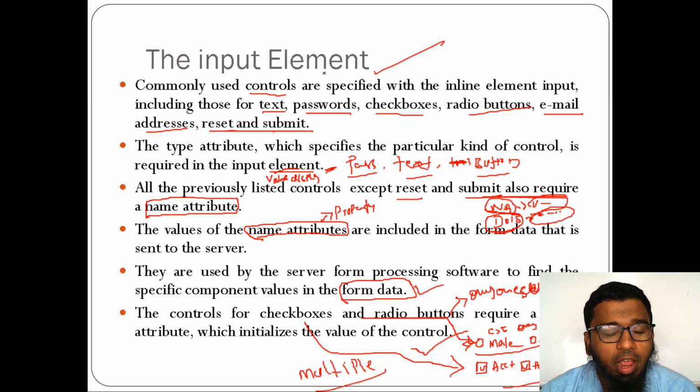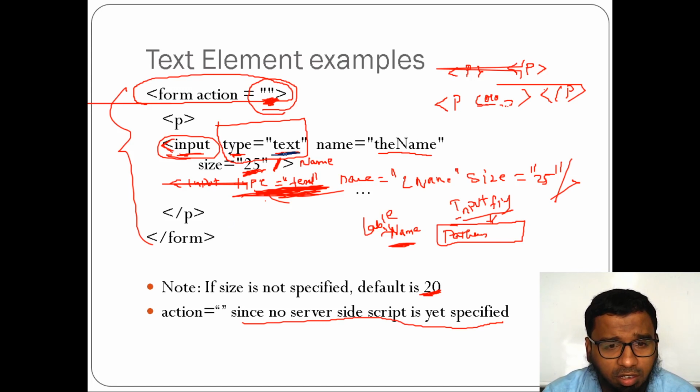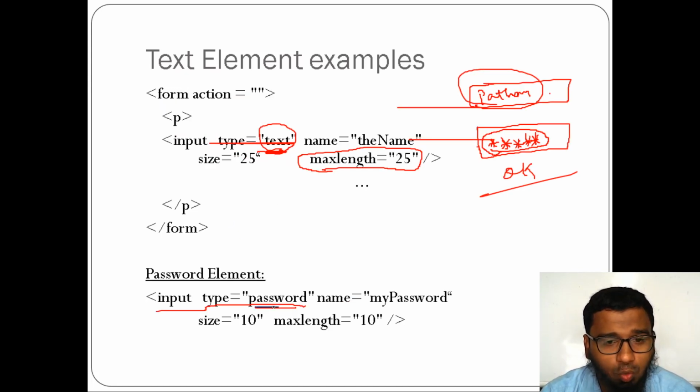And we saw the input element. This is important in the form. Based on the input element only, you can insert text, password, checkbox, radio button, email address, reset and submit, and URL and so on. In the last class we saw only text: how to give the text and how to give the password.